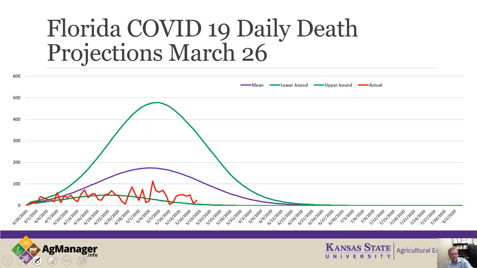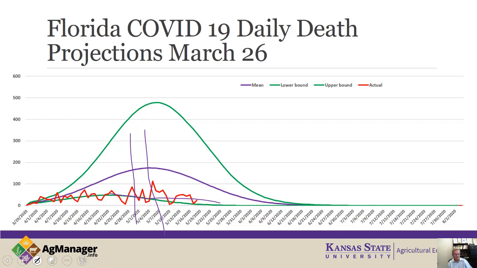Florida, again, you would probably put a trend line in there. It's less than that, but again, much less than the original predictions. The other thing is that they opened up somewhere about the 1st of May. Certainly there's going to be a lag of a week or two with regards to acquiring the disease and then leading to the unfortunate aspect of death.